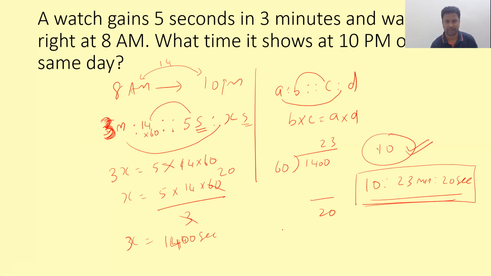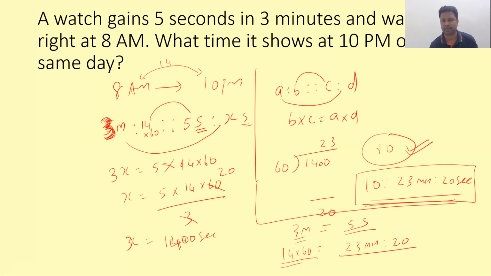Again I will say, for every 3 minutes the clock gains 5 seconds, so for 14 hours it will gain 23 minutes 20 seconds. You got it? So this is the answer of this question.